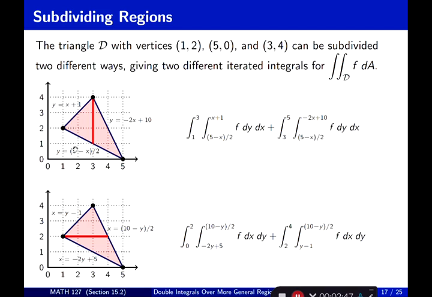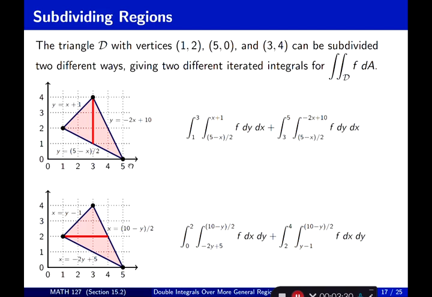According to our rule, you can set up the first region, and in the first region, y is between 5 minus x divided by 2 and x plus 1, and x is between 1 and 3. For the second region, again, the lower bound for y is the same, but the upper bound is negative 2x plus 10, and x is between 3 and 5.